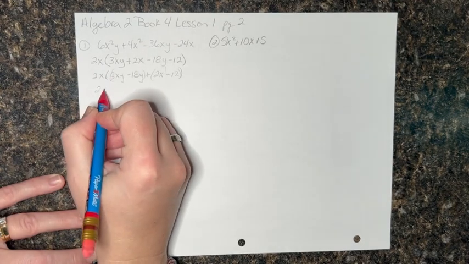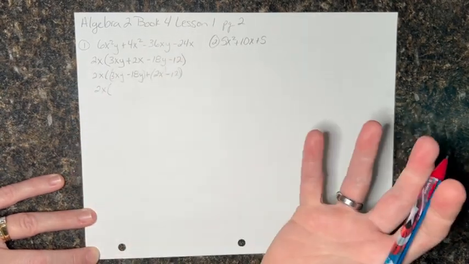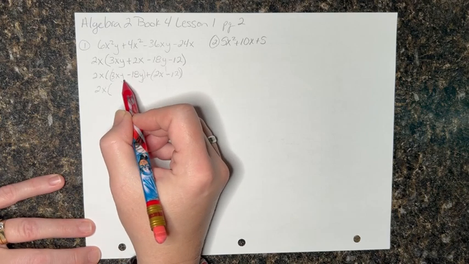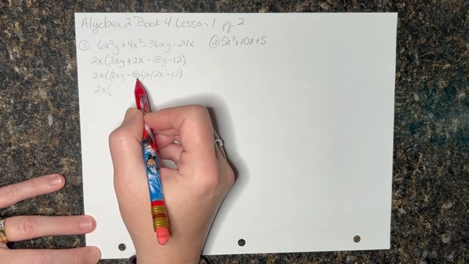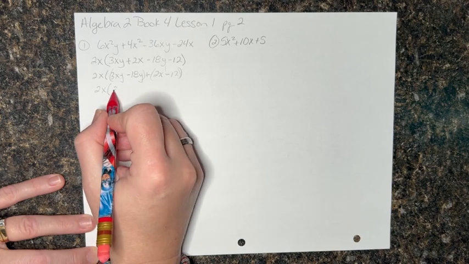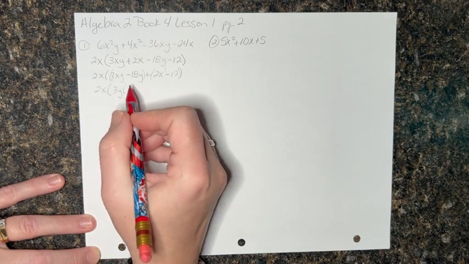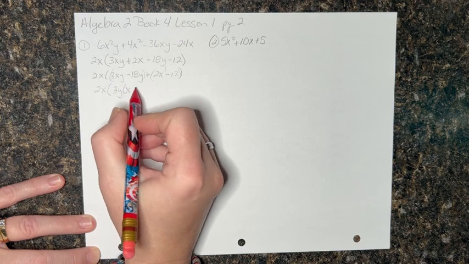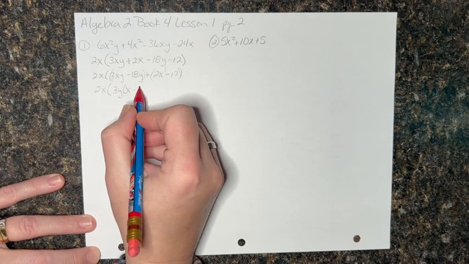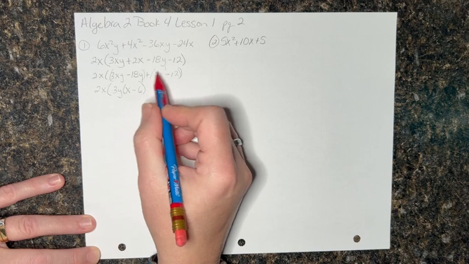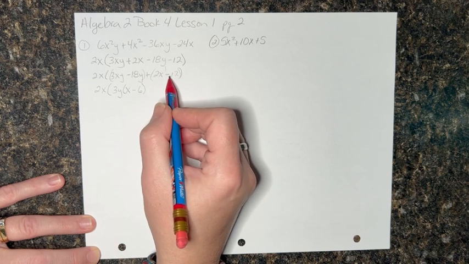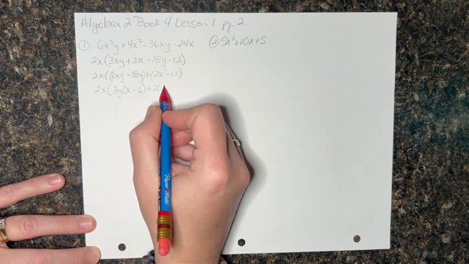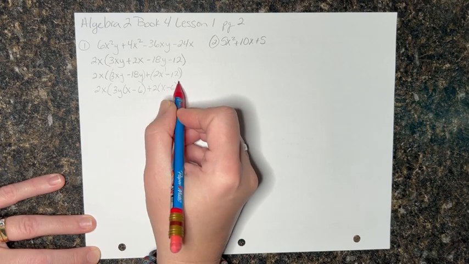What am I pulling out of here? Well, they have a 3 and a y in common. So it's going to be 3y times, this is leaving an x behind, and here is going to be a negative 6. And then over here, these two terms have a 2 in common. So I'm going to pull the 2 out, and that leaves an x minus 6.